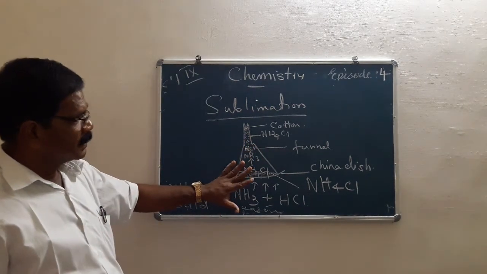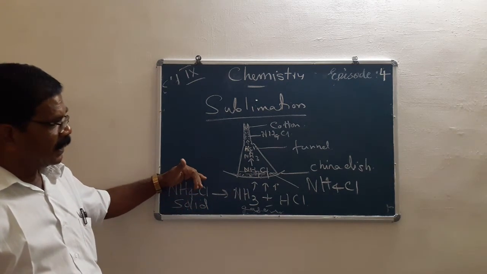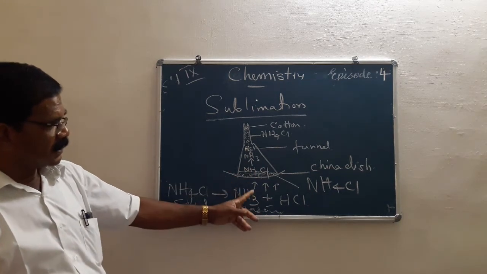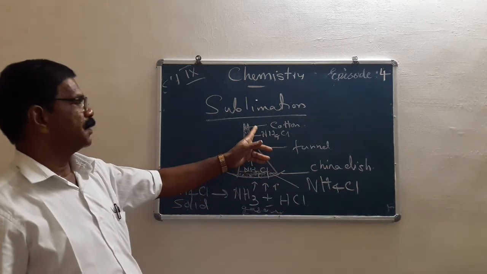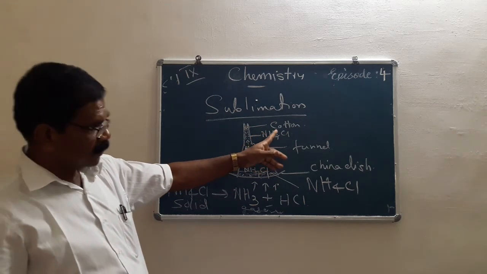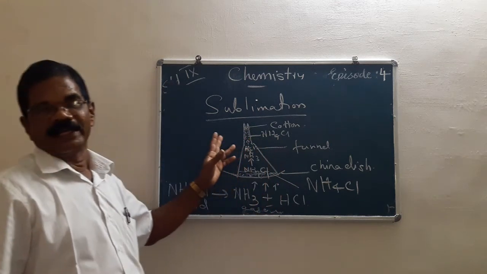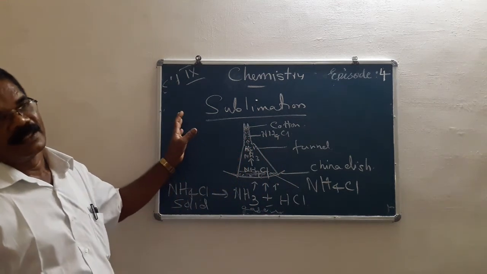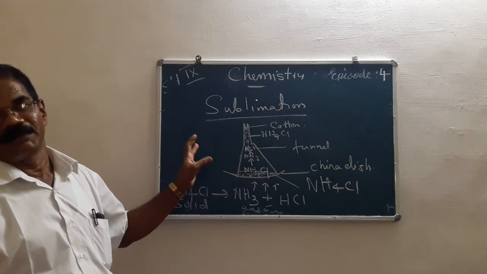The solid ammonium chloride directly passes to gaseous ammonia and HCl, which again combine to form ammonium chloride. Similarly, naphthalene, iodine and such substances are examples of sublimation.